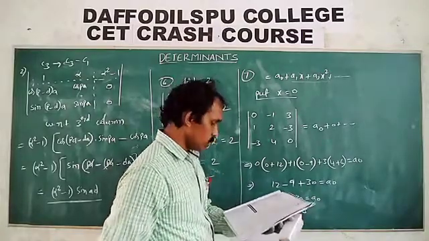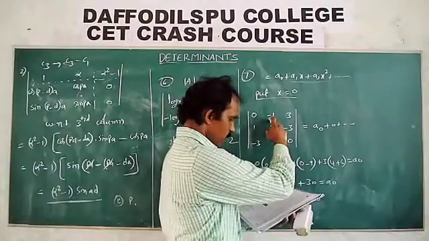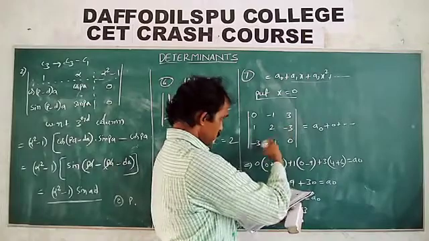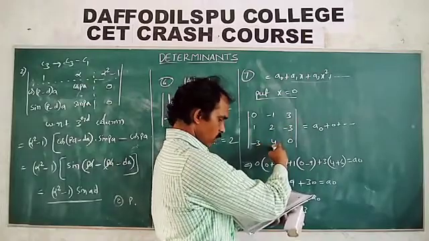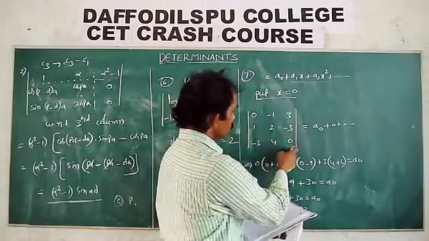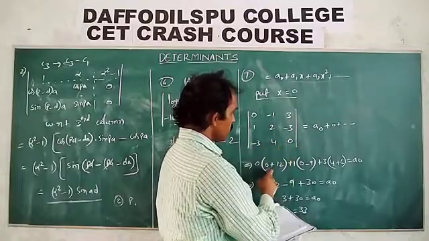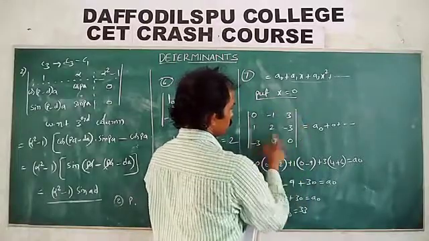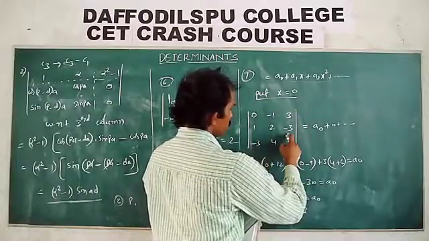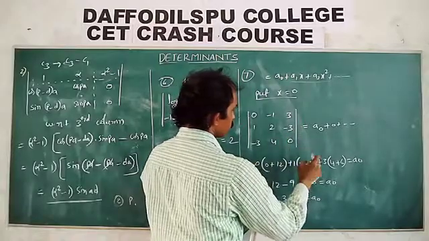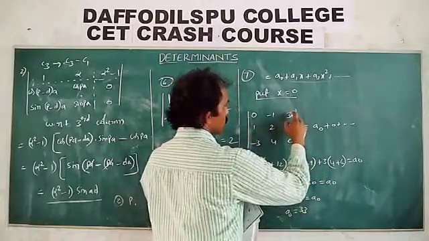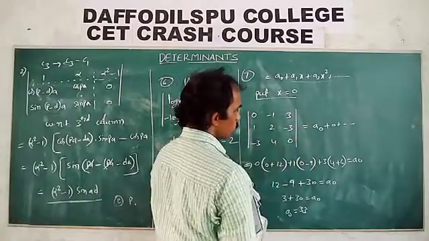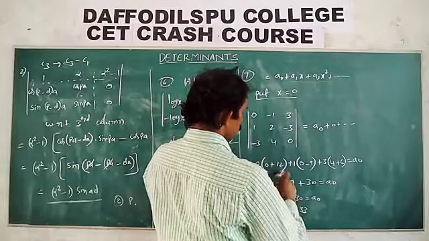Any mistake? 0 minus 1 3, 1 2 minus 3, minus 3 4 0. Okay, 2 0 0 minus 4 is... 1 derivative is 0, minus into minus plus 9, minus 9 correct. 3 of 4 plus 6, 12.